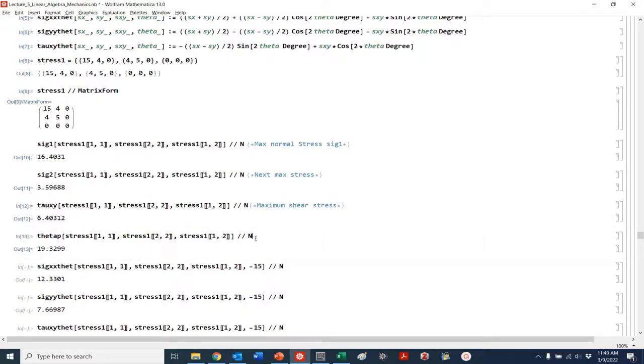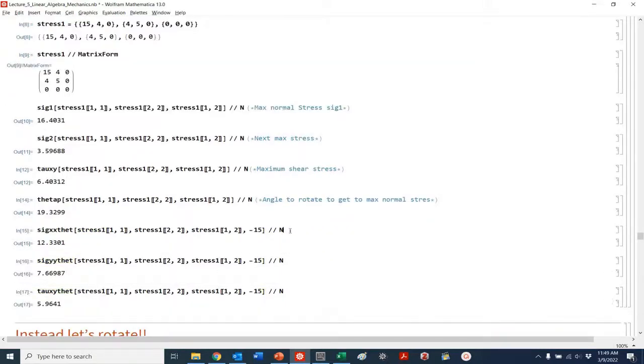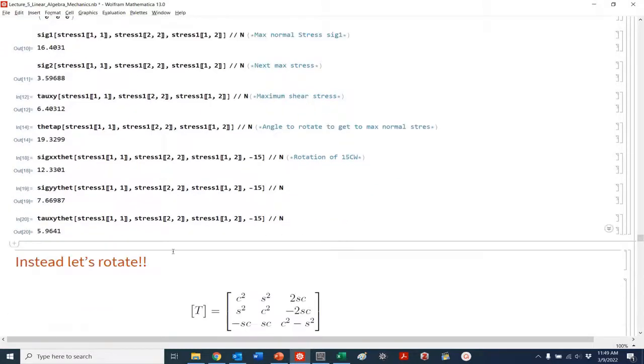This is the angle to rotate to get to max normal stress here. And these would be my stress values for a rotation of 15 degrees counterclockwise. Clockwise is negative, counterclockwise would be positive.